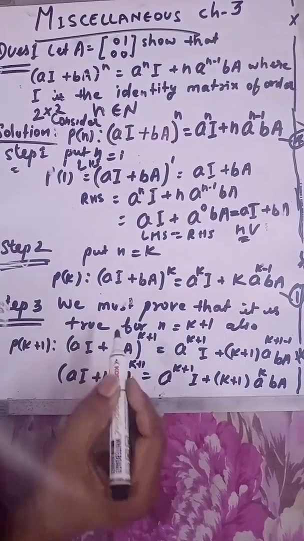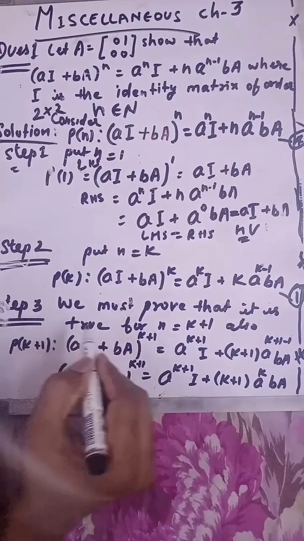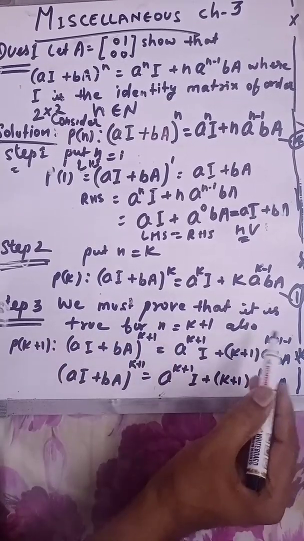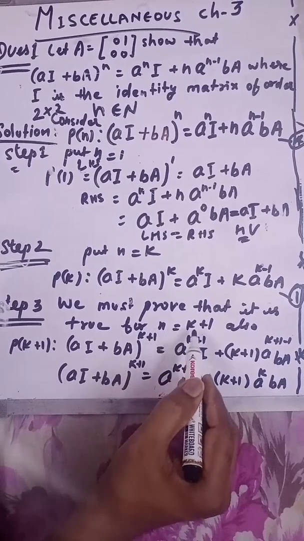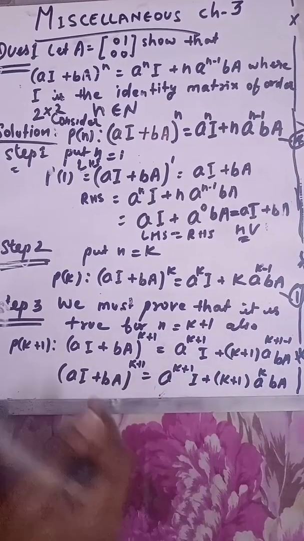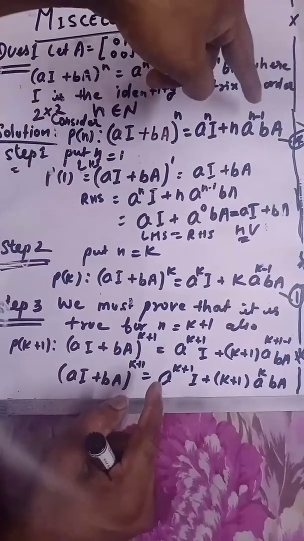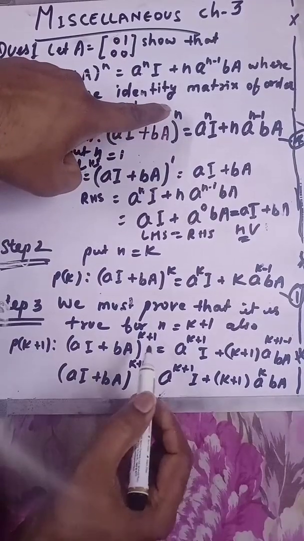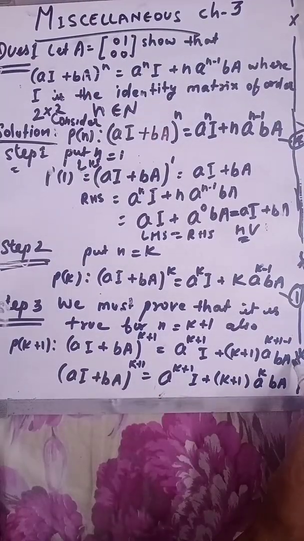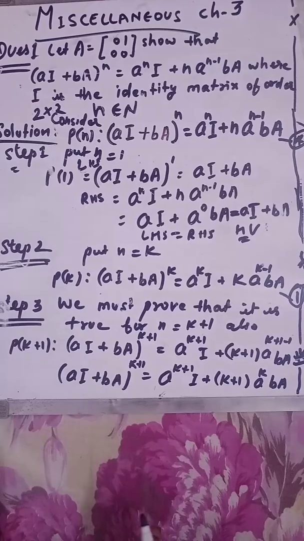After that, in the third step, we must prove that it is true for n equals k plus 1 also. So in equation number A, in place of n you have to put k plus 1. After putting this value you will get this whole statement.